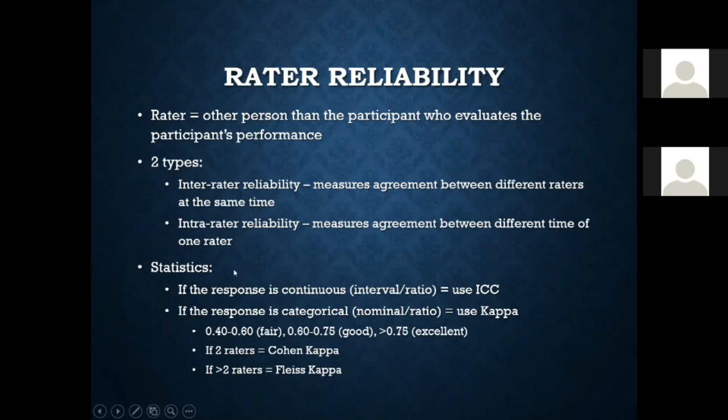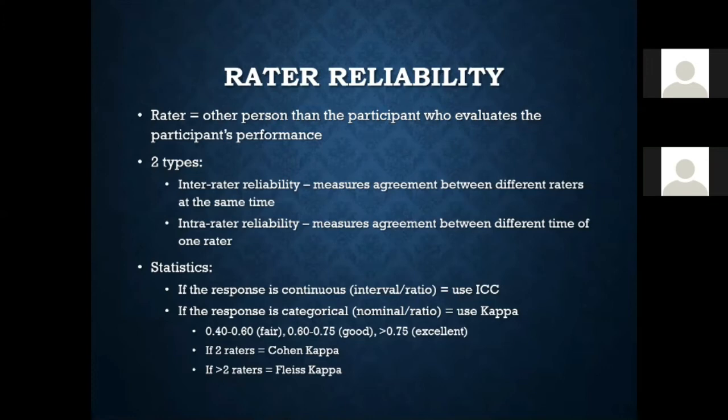So how to analyze rater reliability? If the response is continuous, let's say total scores, for instance the QOL scale, personal well-being index, SF36, or the modified Barthel index, you can always use ICC, the intra-class correlation coefficient.